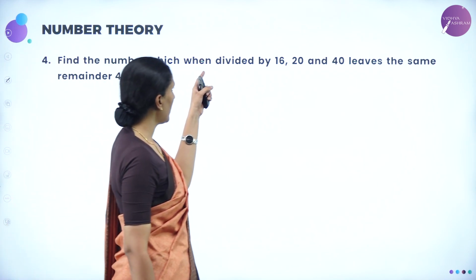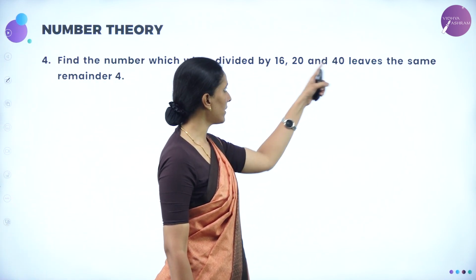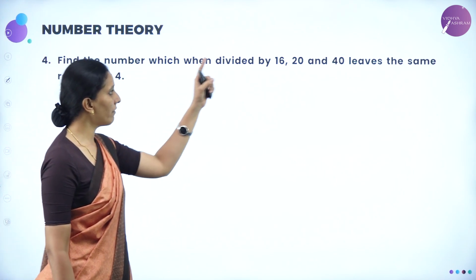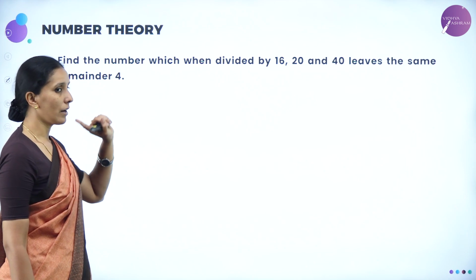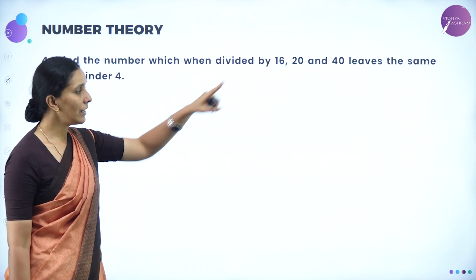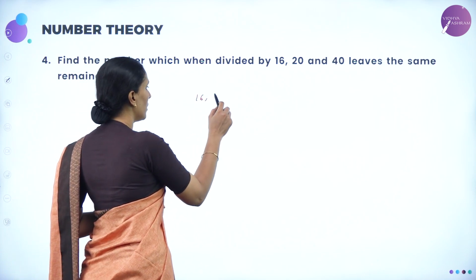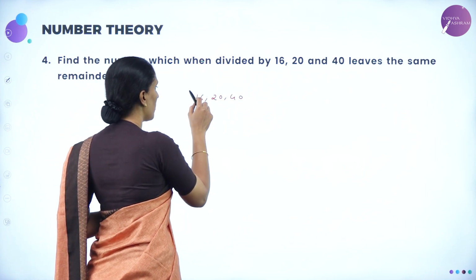Find the number which when divided by 16, 20 and 40 leaves the same remainder 4. So we need to find the number which is divided by all these three numbers, so first we need to find the LCM, and when we divide the number, it gives the remainder 4. First, let us find the number which is divisible by 16, 20 and 40. So 16, 20, 40.